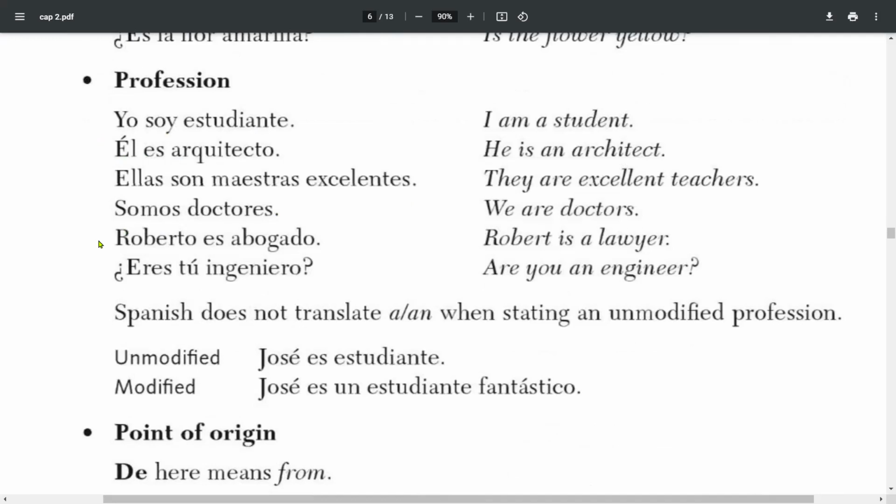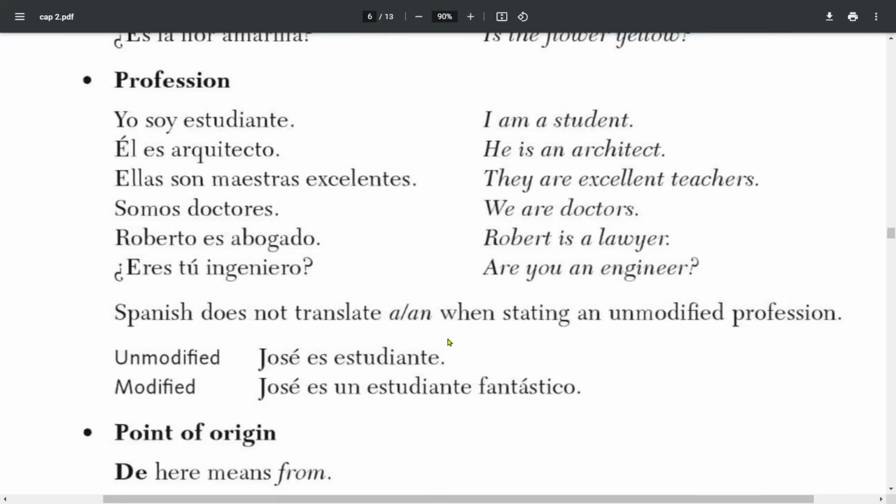Roberto es abogado. ¿Eres tú ingeniero? Remember, GE and GI sounds like H. Ingeniero. Not ingeniero. Ingeniero. ¿Eres tú ingeniero? And tú here is not necessary. We could say, ¿eres ingeniero? If you want to say it, you can say it.